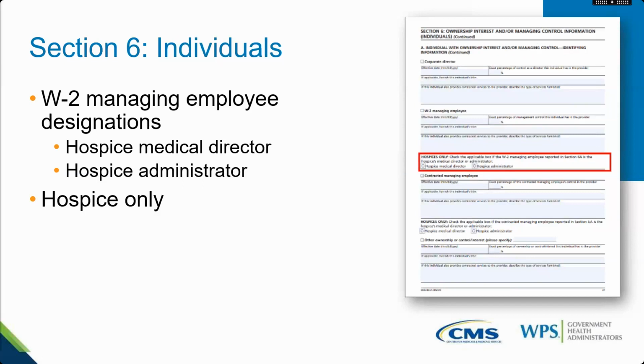They haven't made a change to the roles available, but they've added a question. Those indicating that they have a managing employee role for a hospice are being asked to check the box indicating if they are the hospice medical director or hospice administrator. They may not be, but if they are, we are asking the providers to make that designation.